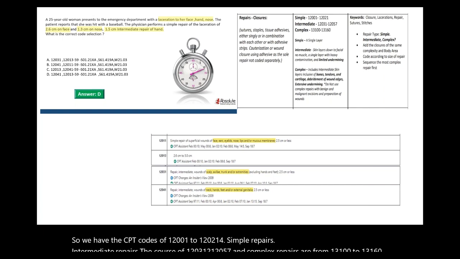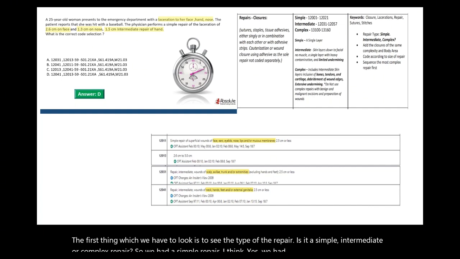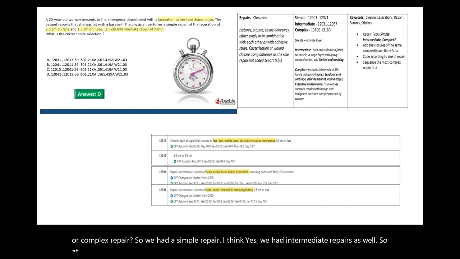The first thing we have to look at is the type of the repair. Is it a simple, intermediate, or complex repair? So we had a simple repair, I think. Yes, we had intermediate repairs as well. So add the closures of the same complexity and body area, code according to the size of the repair, and sequence the most complex repair first.